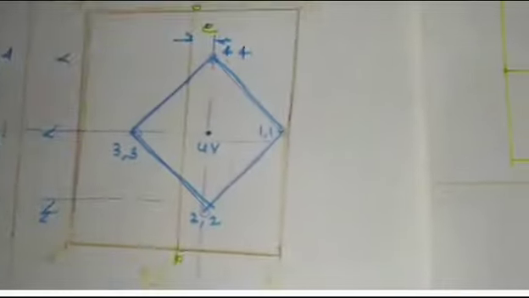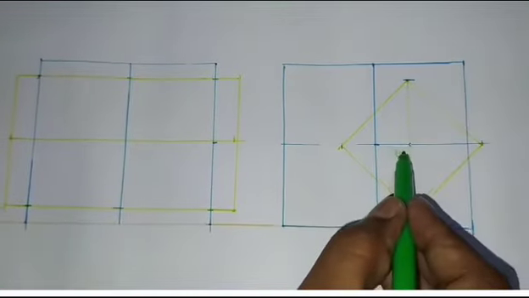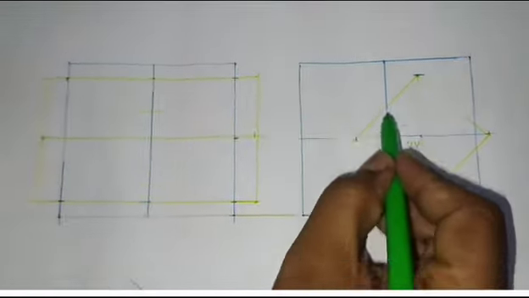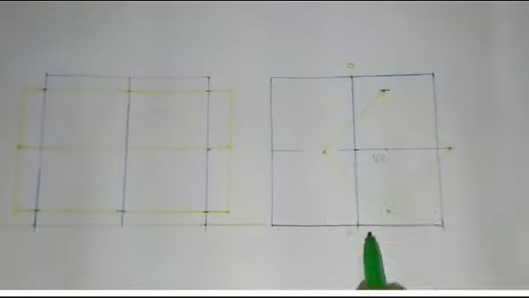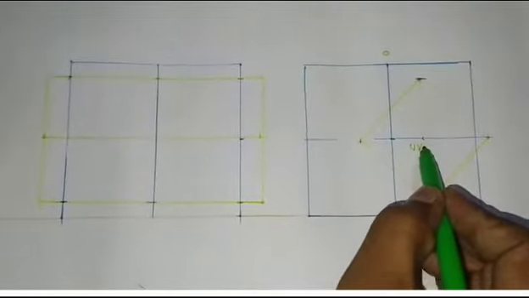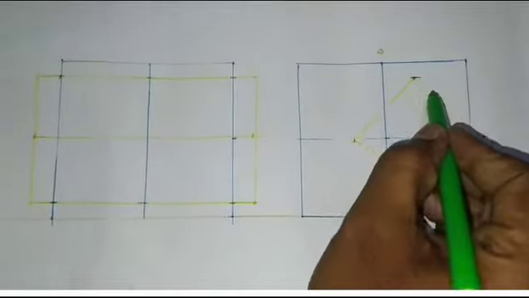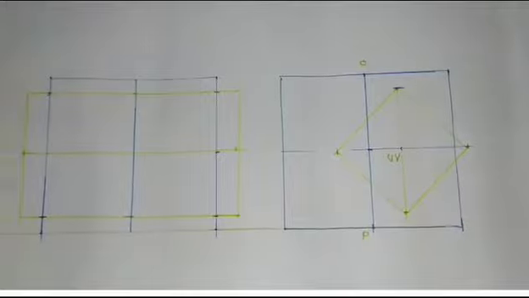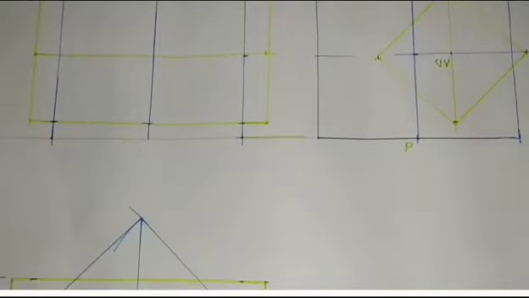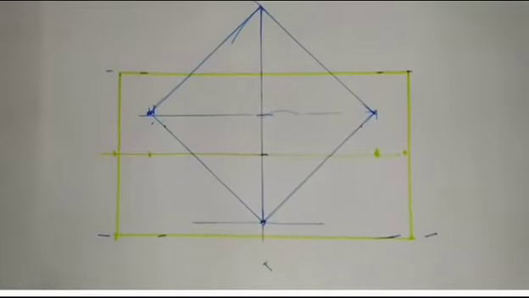But in the third figure, the axis UV is eccentric, this is the axis OP of the vertical solid and this is the axis of the horizontal solid, and this horizontal solid crosses the boundary of the vertical solid. These are the three cases which we are going to study here.